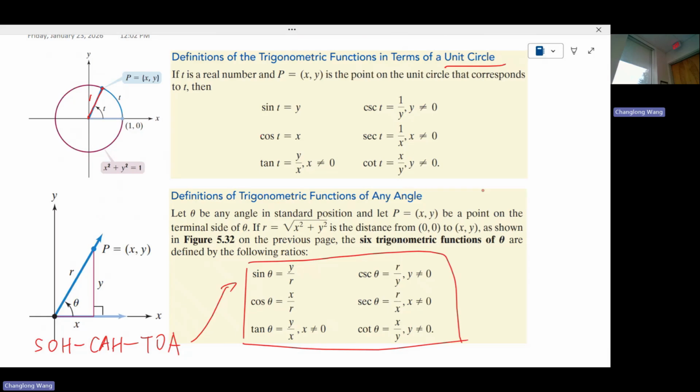Now let's take a look at, again, the unit circle definition of the sine and cosine. But let's start with the sine. Since the sine is the same as the vertical coordinate of the point P that's on the unit circle, right?